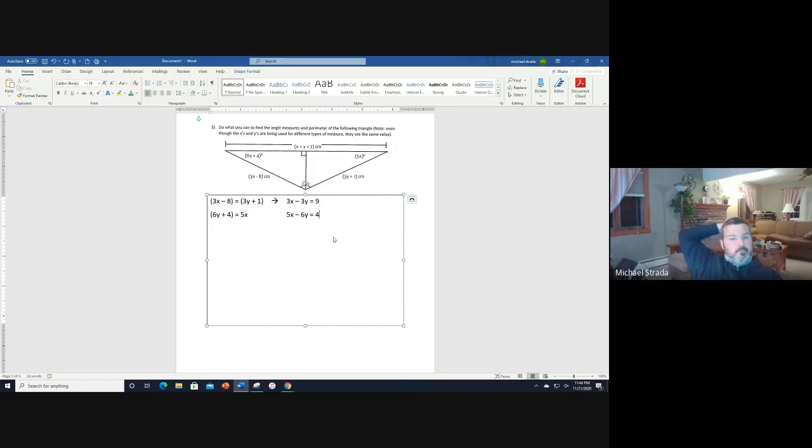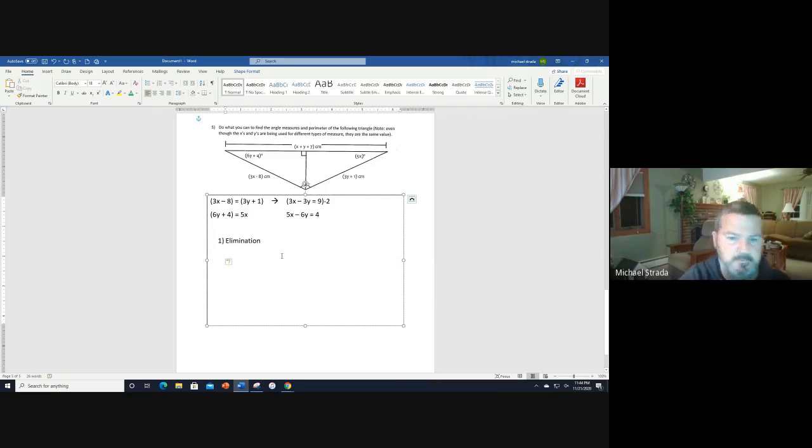I can go about it two ways. Method number 1 is elimination. If I do elimination, I'm going to multiply this top one, the whole equation, both sides, by negative 2.